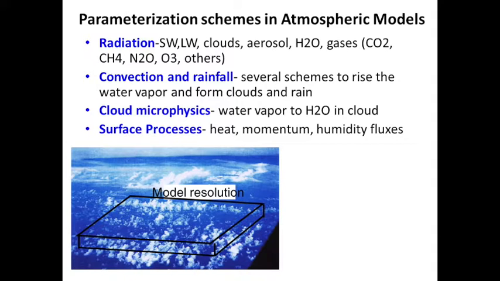And for the physical processes, like radiation, convection, clouds, and surface processes, we have to introduce what we call parameterization schemes. Why? Because of the model resolution, which is the space between two grid points in the model.